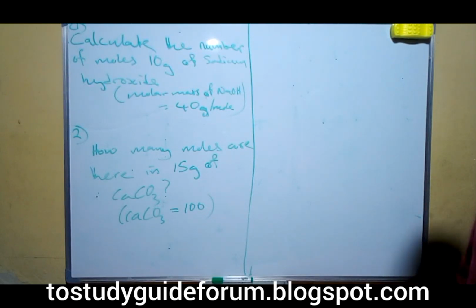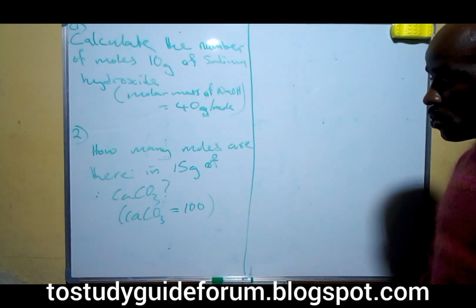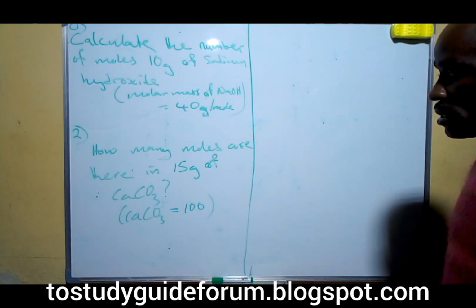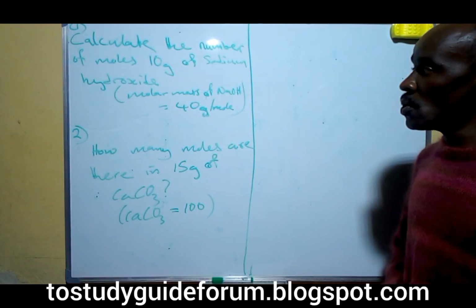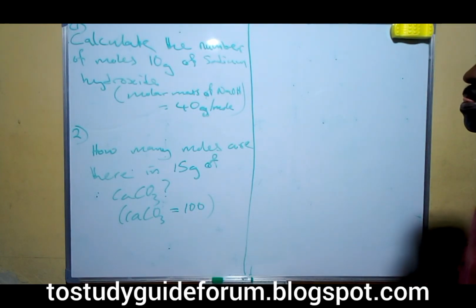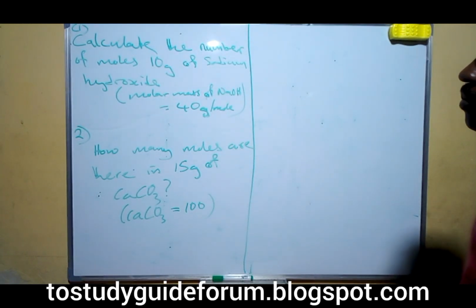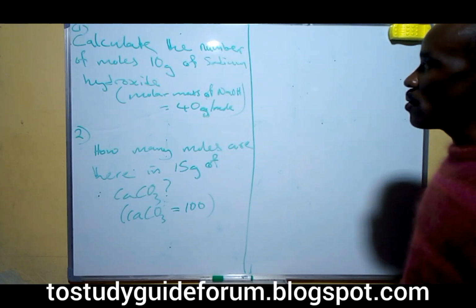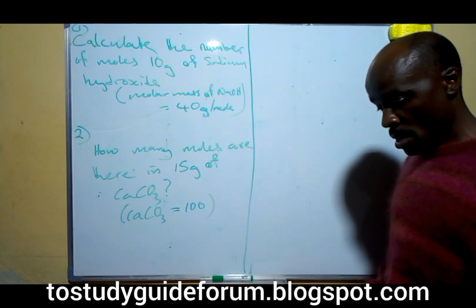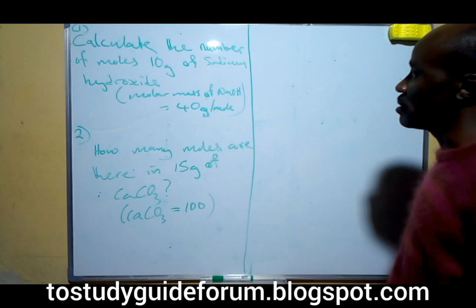This time we're going to learn how to calculate the number of moles from grams. So we have some questions here. Say, calculate the number of moles in 10 grams of sodium hydroxide.